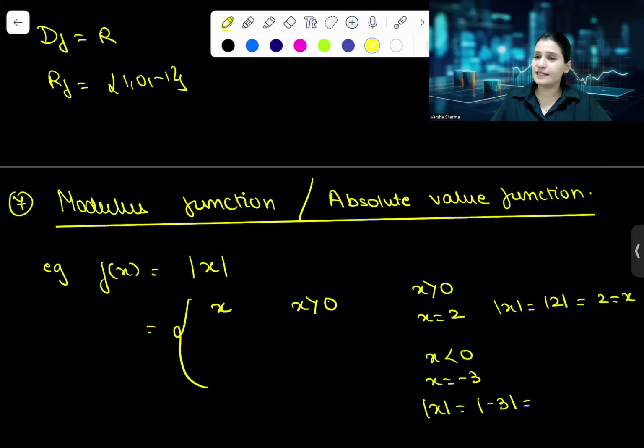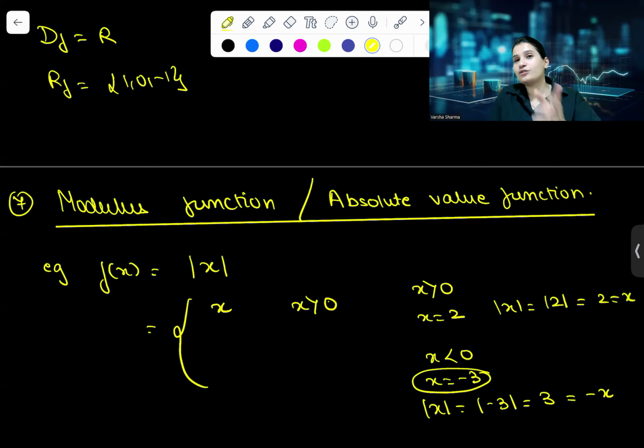But if I would have taken a negative number, x equal to minus 3, mod of minus 3 is 3. Positive 3. And 3 from here can be written as minus x. If x is minus 3, 3 will be equal to minus x. X in itself is negative.